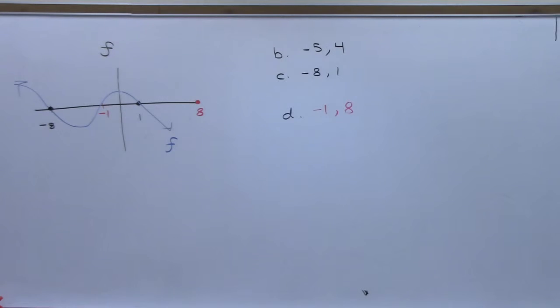This one would be left 1, down 2, so move the black one over left 1 and down 2. Now, half: vertical compression, or horizontal stretch. It's halving every y value, so I'll do this one in red. At 0 it was 3, so now it's 3 halves.